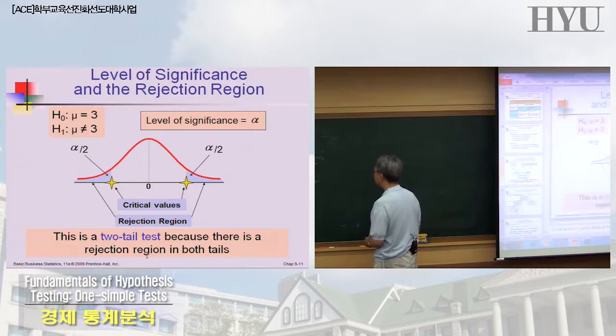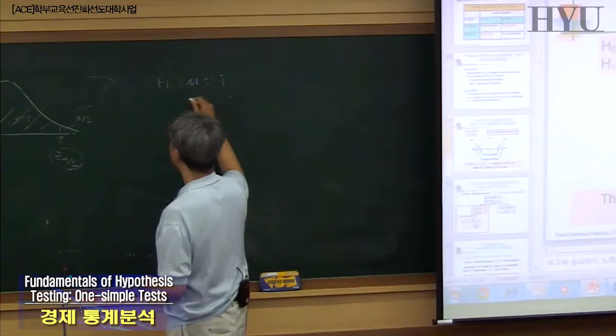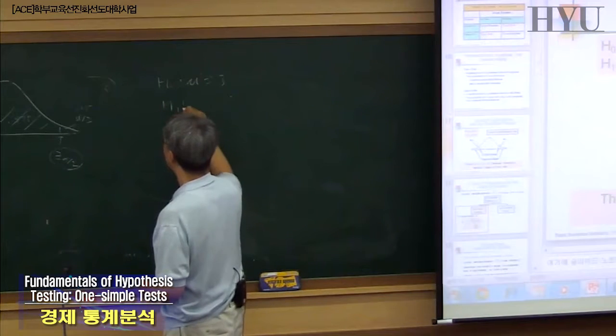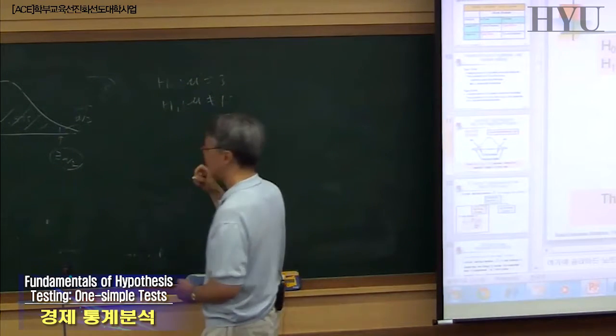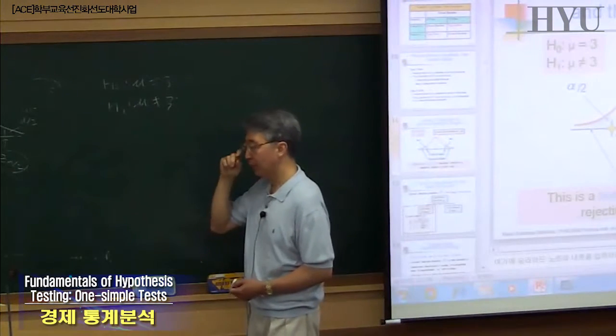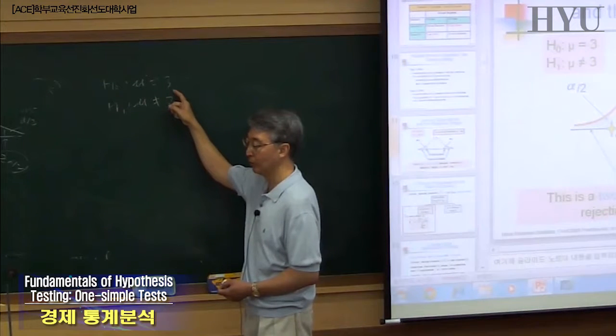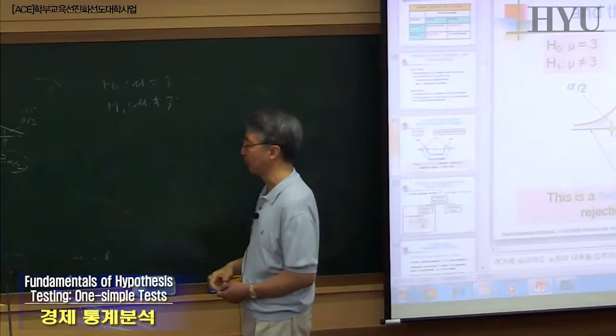So sometimes researcher wants to know mu is exactly 3 or not. So all you want to know is the population mean is exactly a certain number or not, right? Exactly equal to that number or different from that number.